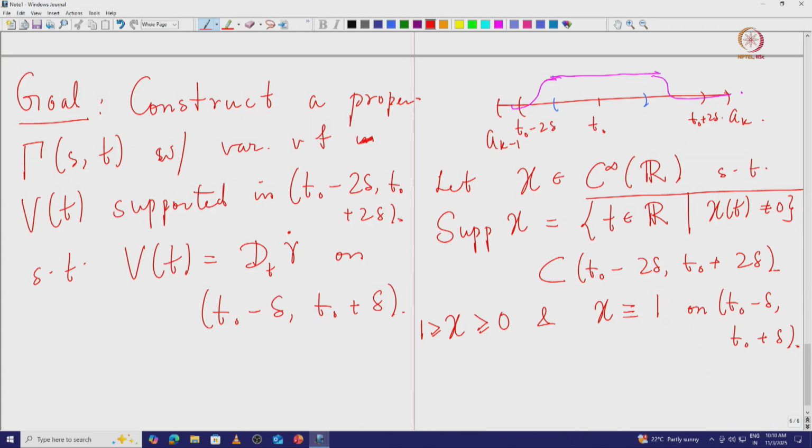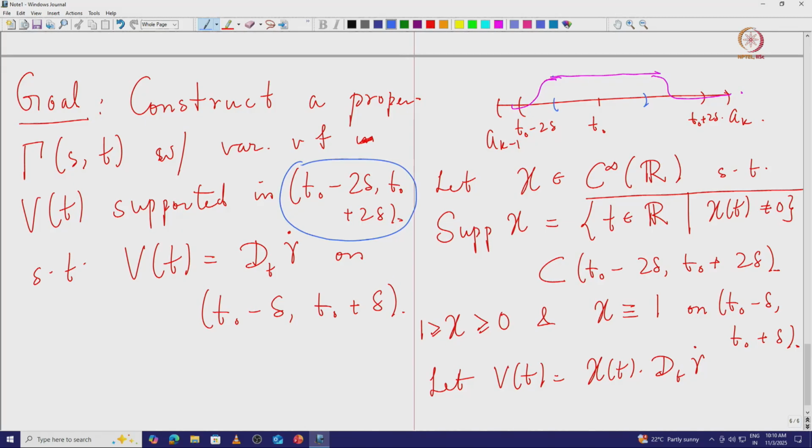Okay. And then we just let V of t be chi of t times the intrinsic acceleration. Okay. Then clearly the support of V lies in this interval, because the support of chi is in this interval.